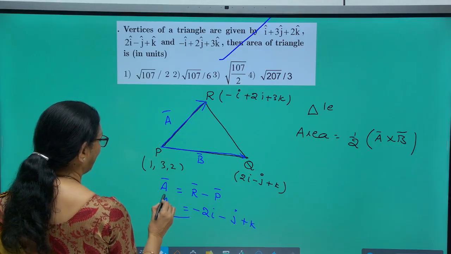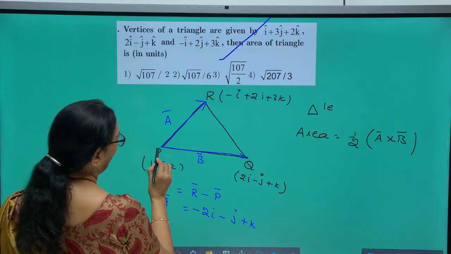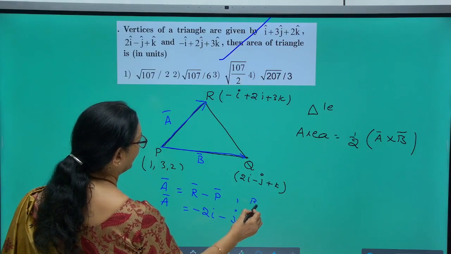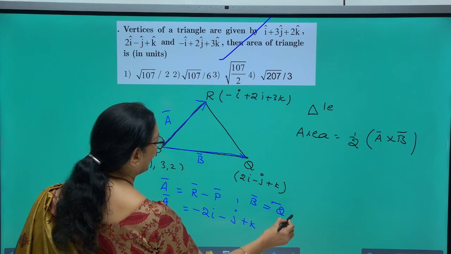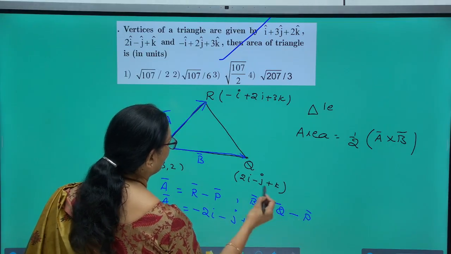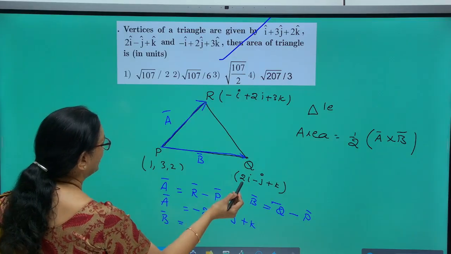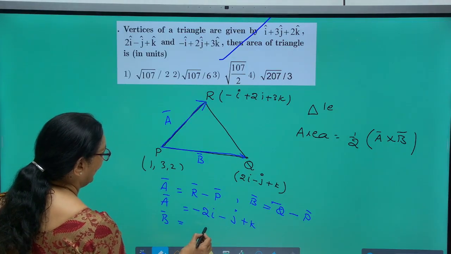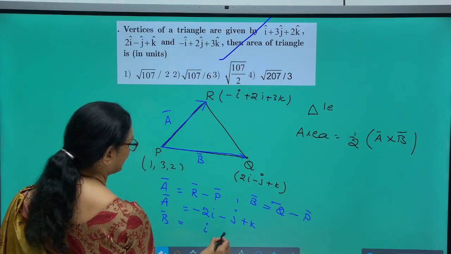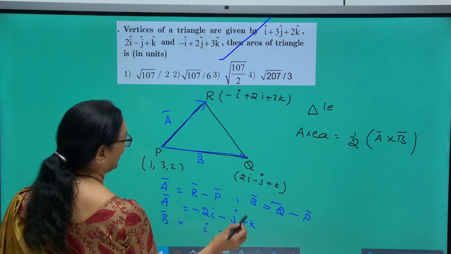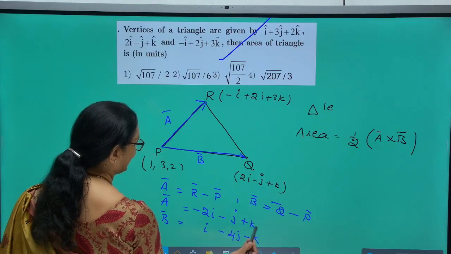So, that is A bar. Similarly, find out B bar. B bar is equal to Q bar minus P bar, 2 minus 1, it is I bar, minus 1 minus 3, minus 4j bar, 1 minus 2, minus k bar.